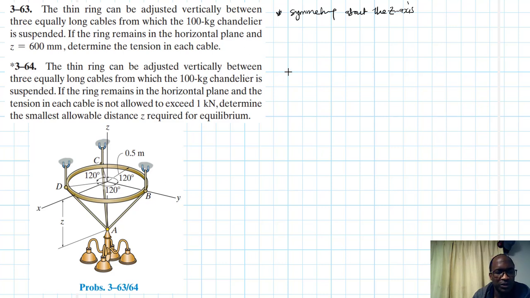Because of symmetry, and assuming all other factors remain constant, we expect the tension forces AB equal to AC equal to AD equal to, let's call it T. Now let's section this so that we draw the free body diagram.